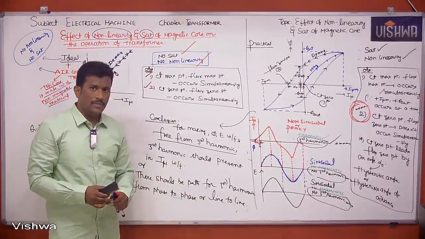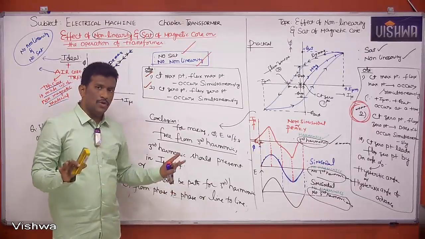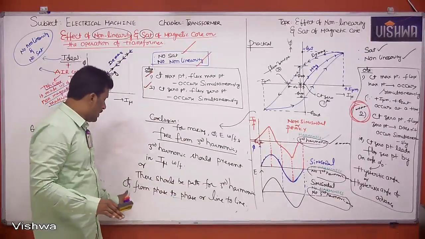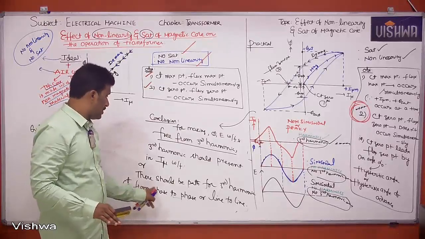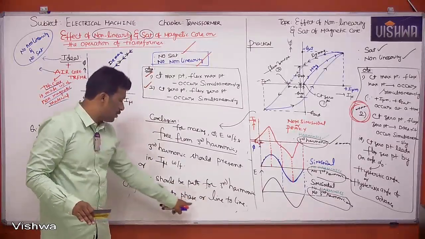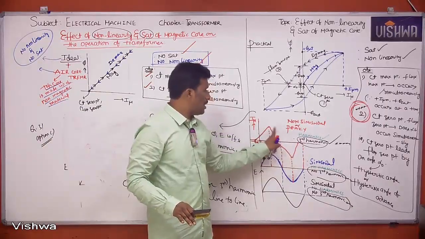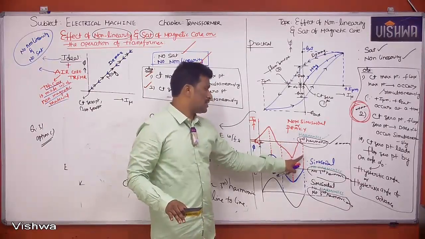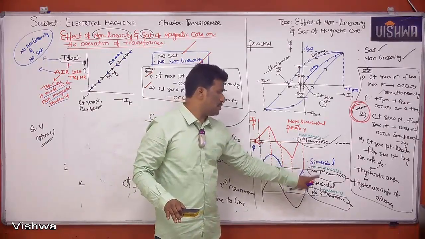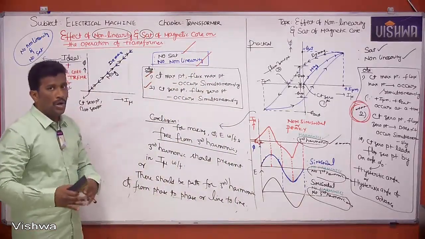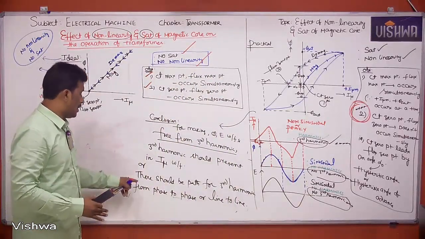If it is satisfied, very good, no problem. If it is not satisfied, then also at any cost we have to provide a path for these harmonic currents from phase to phase or line to line. Then only your I mu becomes peaky. Then only flux and EMF waveforms become sinusoidal.